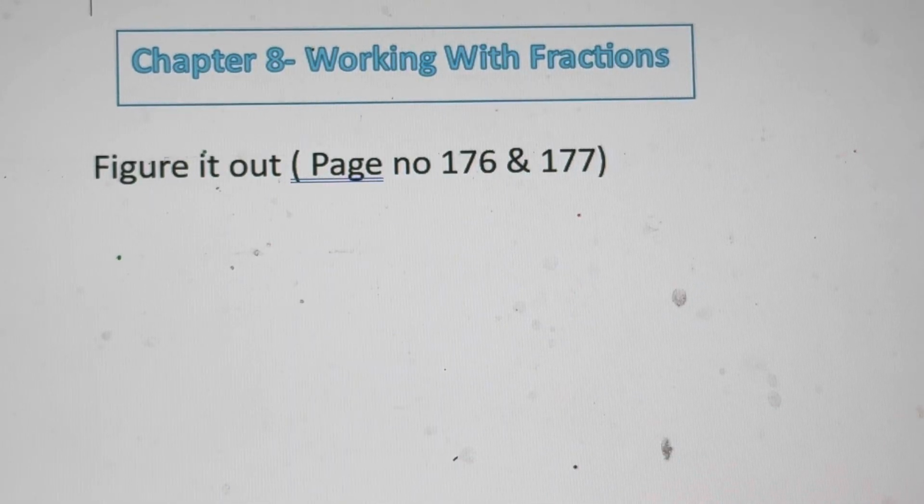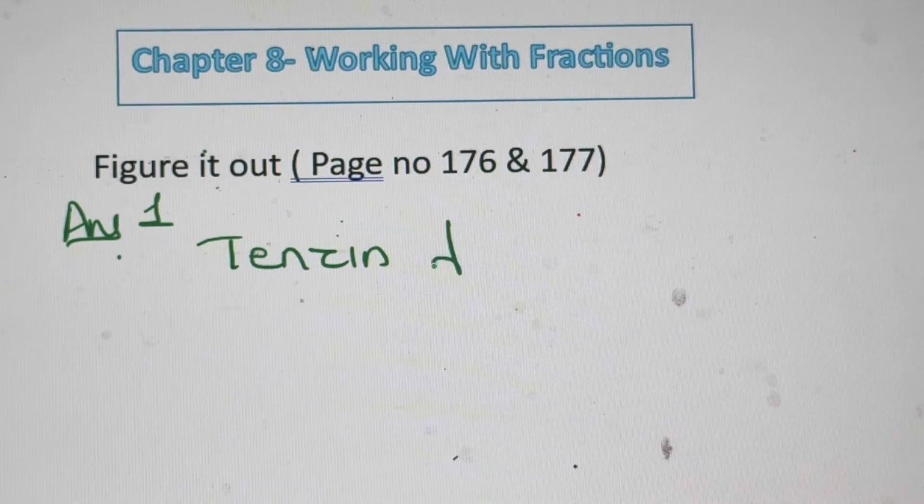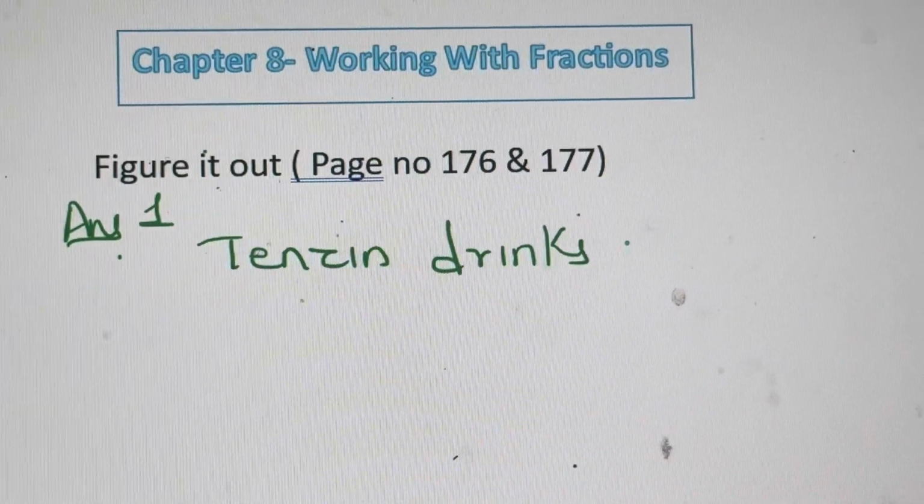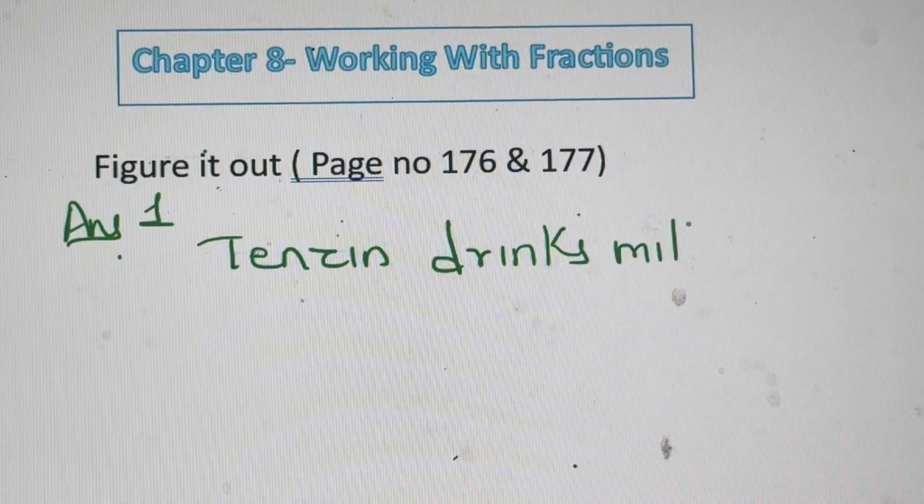So first what we do, we write down, this is answer number 1. We write down what is given. So what is given is, in a day, Tenzin drinks milk.